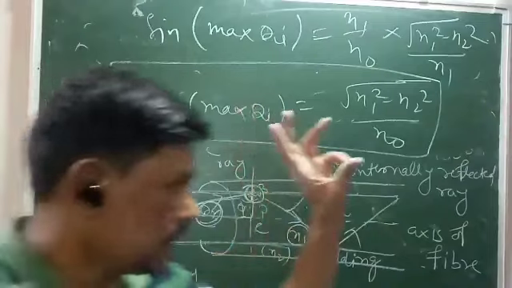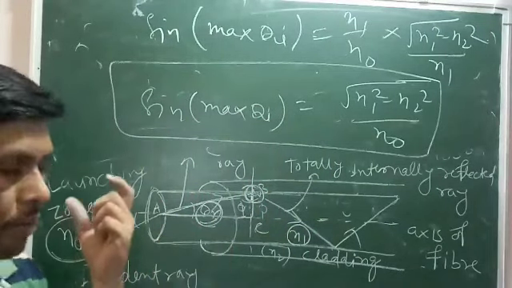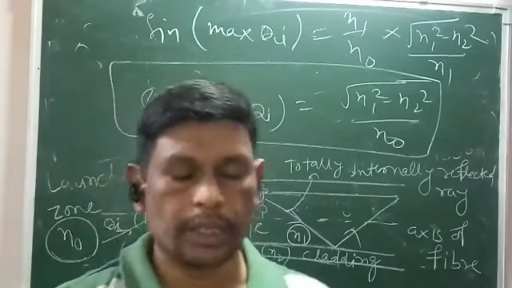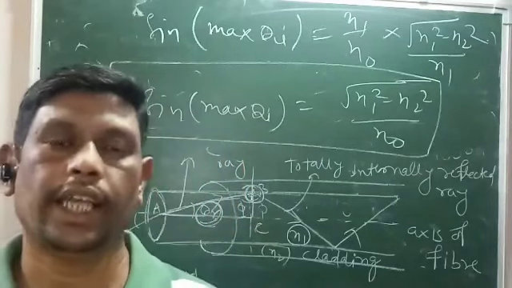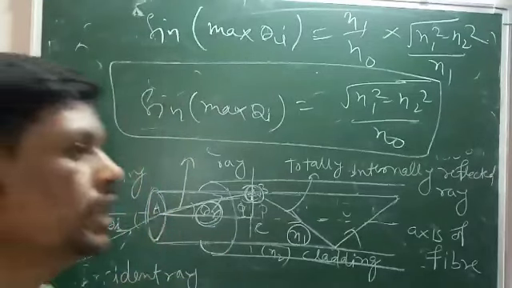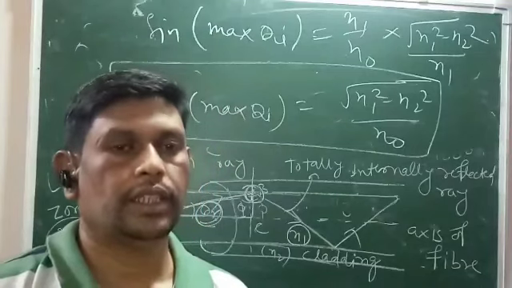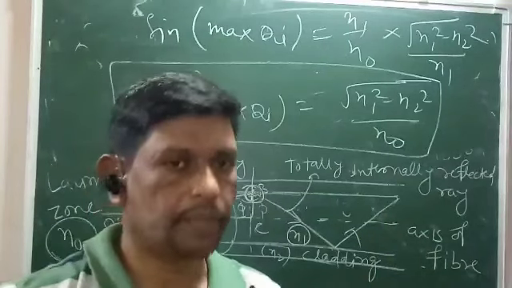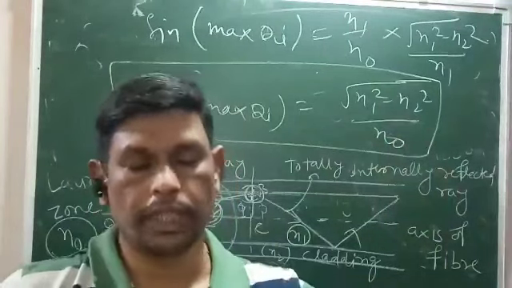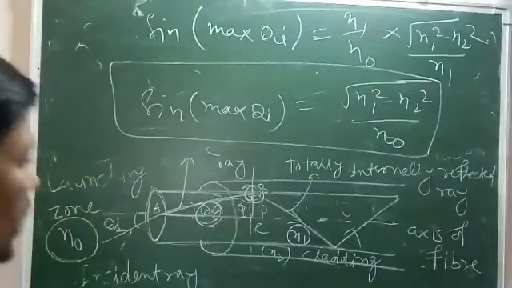As we said earlier, the main function of the fiber is to accept as much light as possible from the source. So the sin of maximum theta i is the possible light which can be accepted by the fiber and transmitted along its axis.